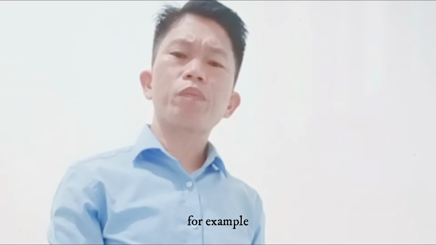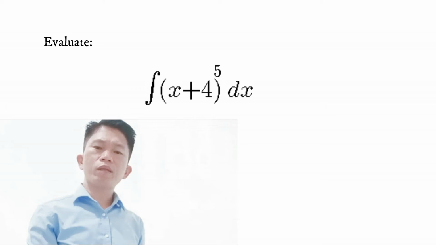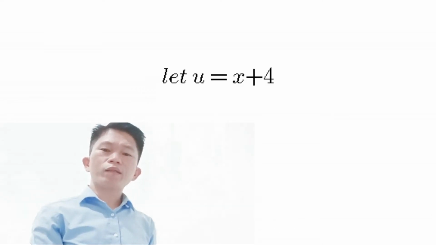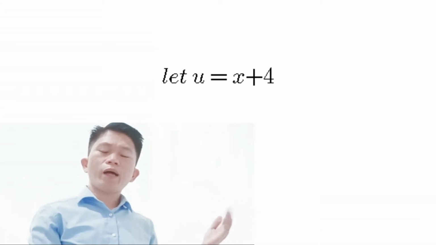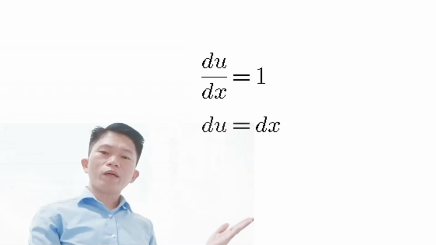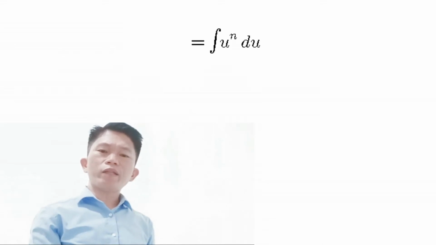For example, evaluate the integral of the quantity x plus 4 raised to the 5th power dx. In our solution, we are going to let u as x plus 4, and the derivative of u with respect to x is equal to 1, and our du is equal to dx. Therefore, the integral of the quantity x plus 4 raised to the 5th power dx can be written as the integral of u to the n du.